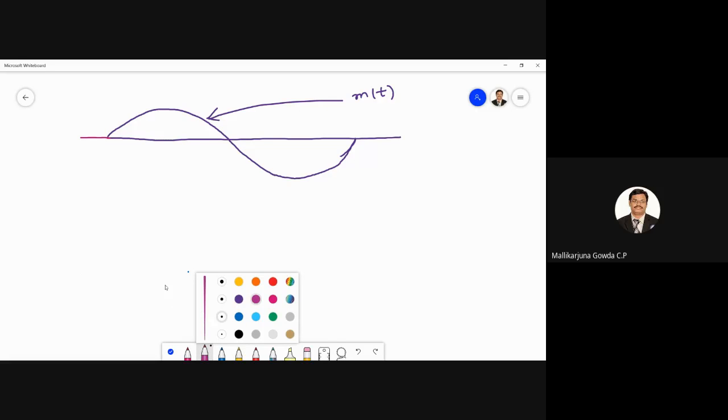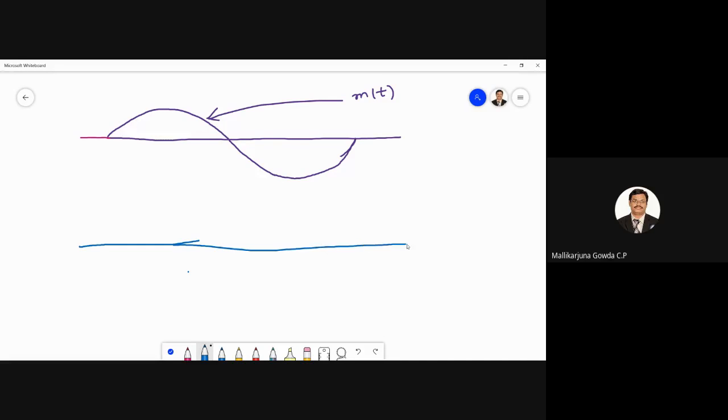I hope everybody understood now what to draw. Draw by yourself the unmodulated carrier. And this is time.